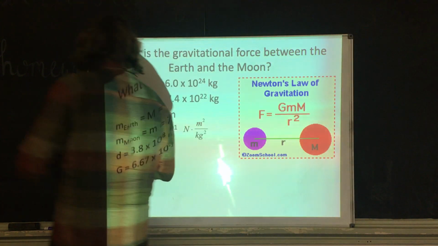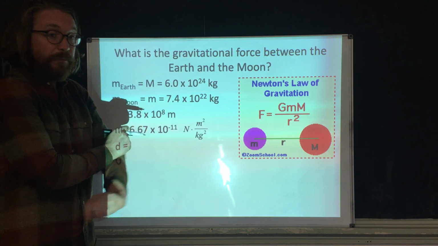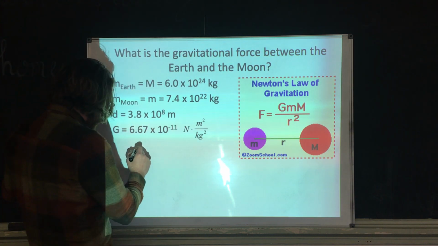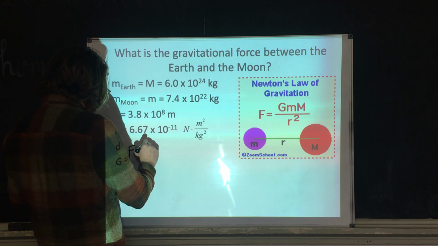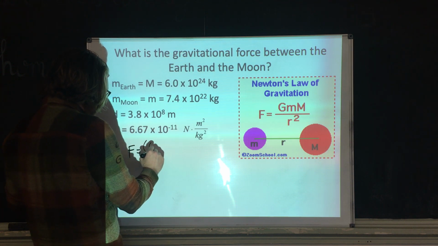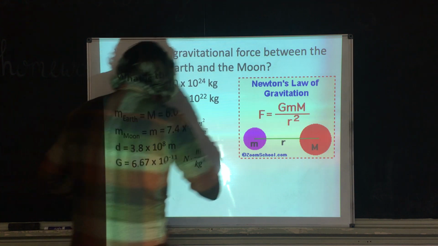Okay? So, we set this up. Here is our equation. So I'm just going to put my numbers in. All right? So my force of gravity is going to be equal to big G, and notice I put these all in parentheses, 6.67 times 10 to the negative 11th.